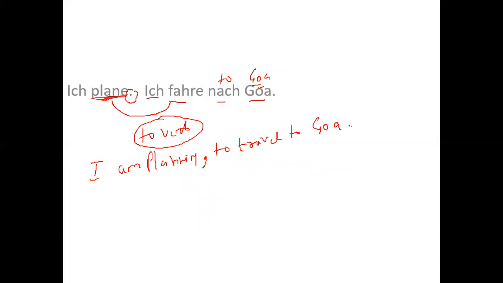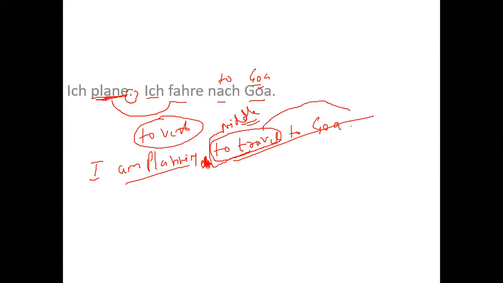This should be in English, right? And in English I shall not put any comma. I am planning to travel to Goa. So if I say what is to plus verb here, you will say, sir, this is to travel. It is again coming in the middle, but in German it should come at the end, right?